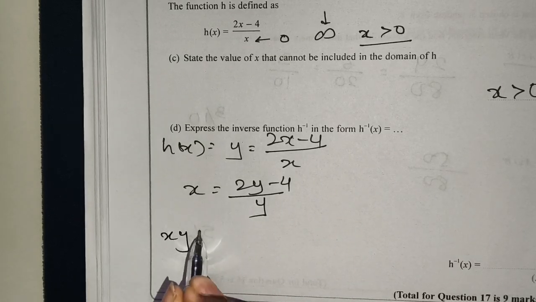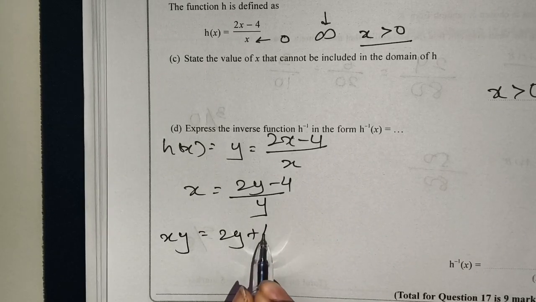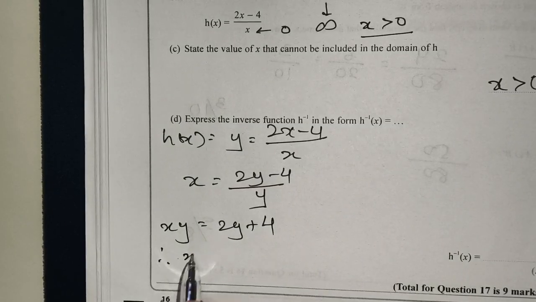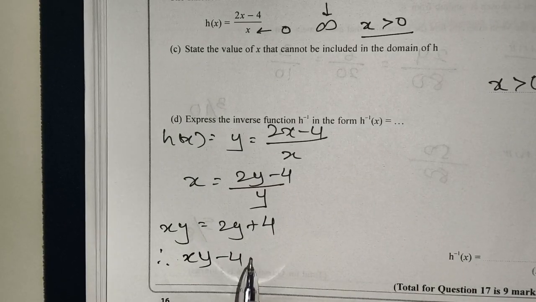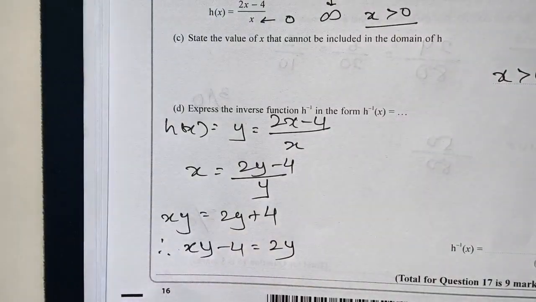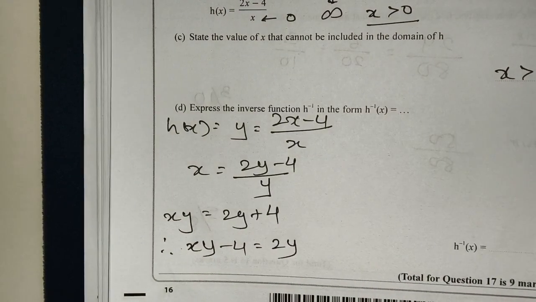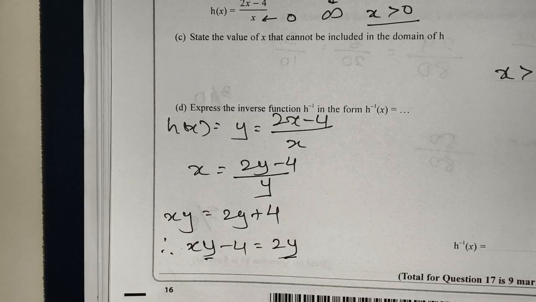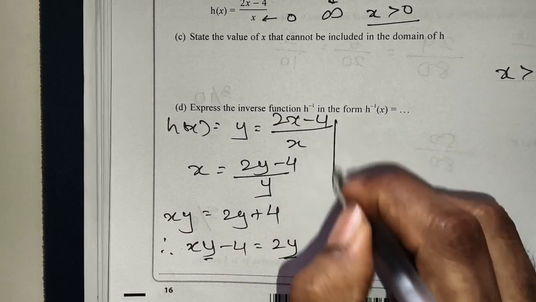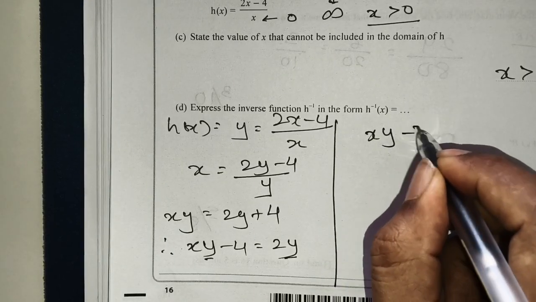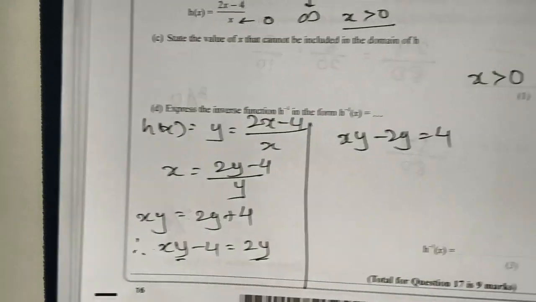So I get xy equals 2y plus 4. Correct? Hence, my xy minus 4 is equal to 2y, right? And now this and this coexist together. So what I'm going to do is, I'm going to do xy minus 2y equals 4.